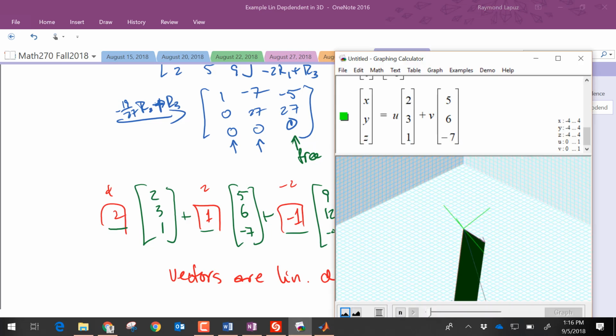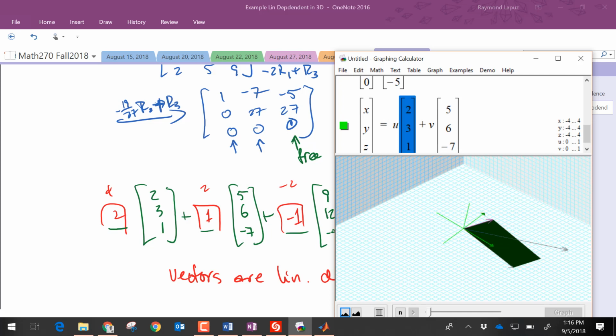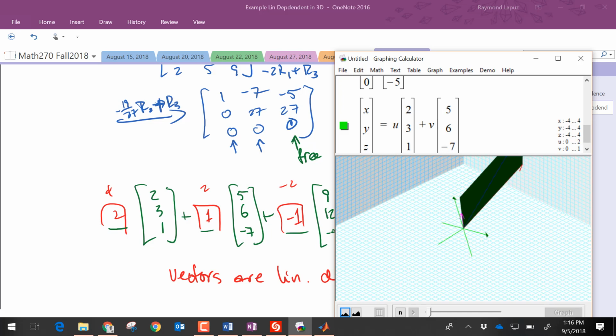So if I let my coefficient of 2, 3, 1 go from 0 to 2 instead of 0 to 1, then I can see that vector actually get covered, and they're all in the same plane. Technically, the plane goes on forever, but if we just chop it off there, we can get a clearer picture.